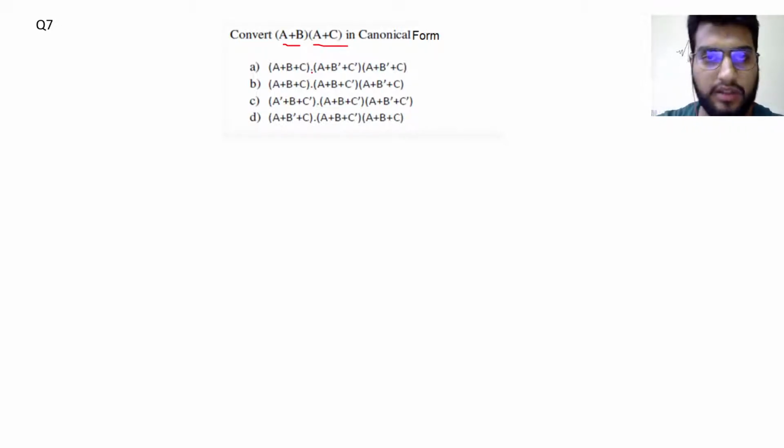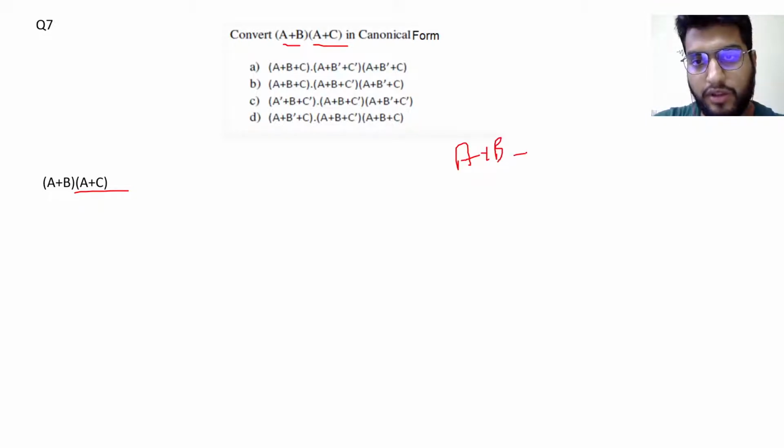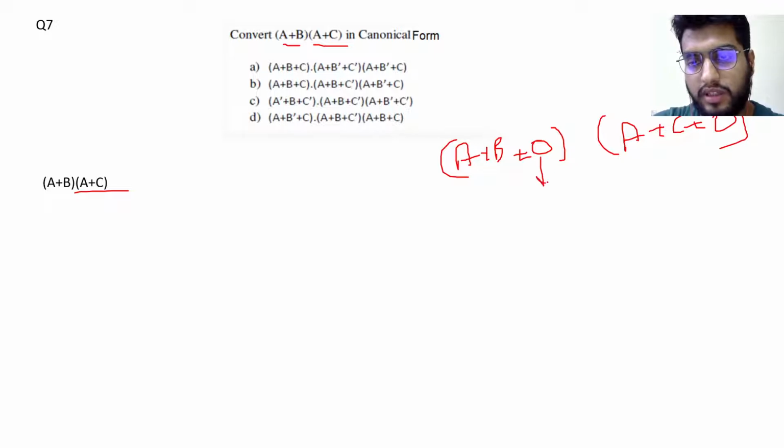So what we do here is we have this expression a plus b and a plus c. It can be written as a plus b plus 0, a plus c plus 0. So 0 can be written as c and c complement, because we know that a and a complement is always equal to 0.